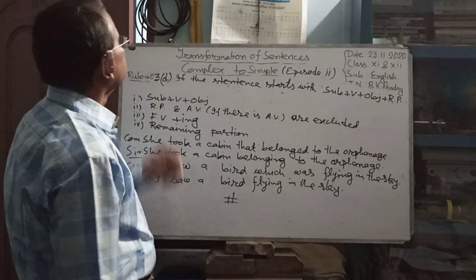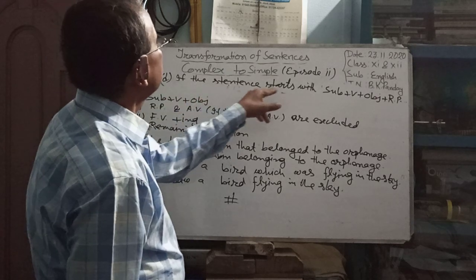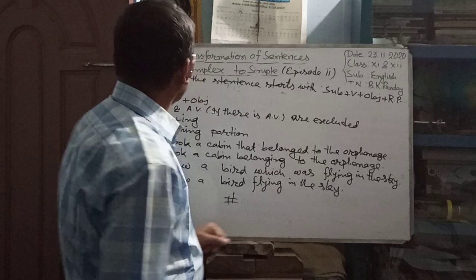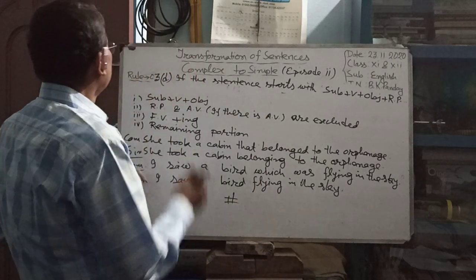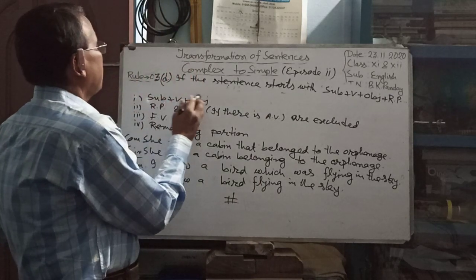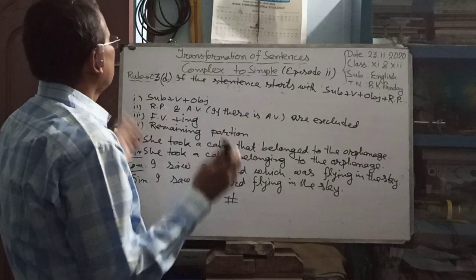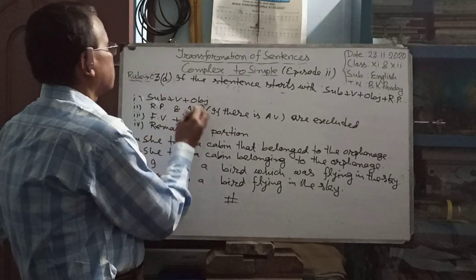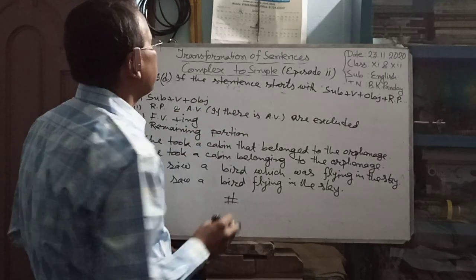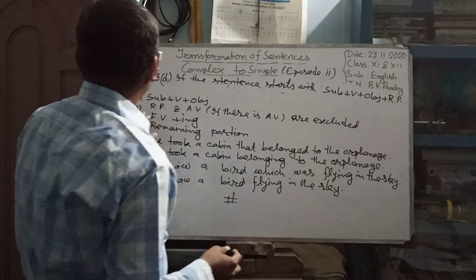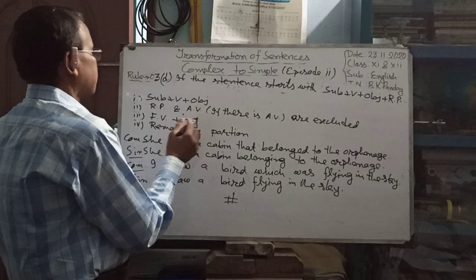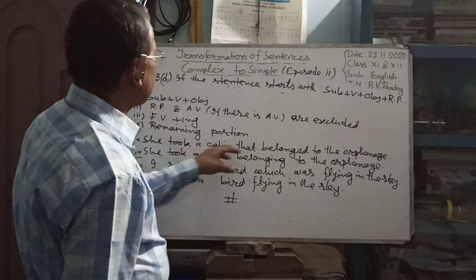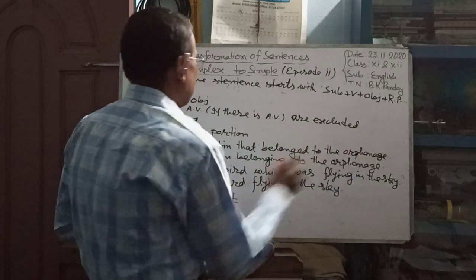Rule 3d. If the sentence starts with subject plus verb plus object plus relative pronoun, then we have to follow this rule. Subject, verb and object will remain unchanged. Then relative pronoun and auxiliary verb, if there is any auxiliary verb, are excluded. Then finite verb plus ing and remaining portion. For example, she took a cabin that belonged to the orphanage.